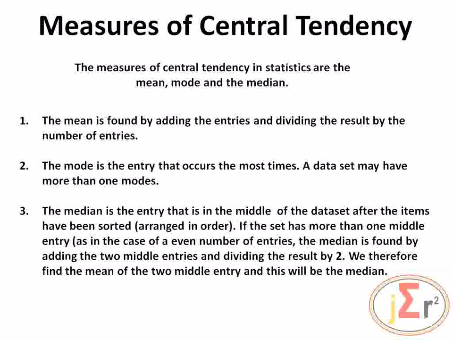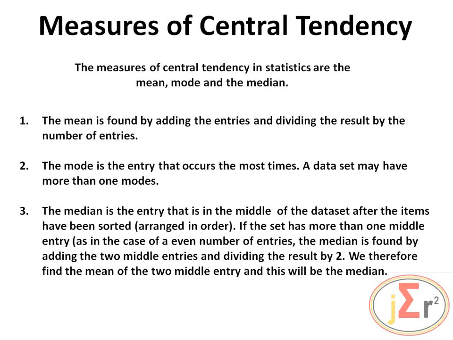The mean is found by adding the entries and dividing the result by the number of entries. The mode is the entry that occurs the most times. A data set may have more than one mode. The median is the entry that is in the middle of the data set after the items have been sorted, that is, arranged in order.